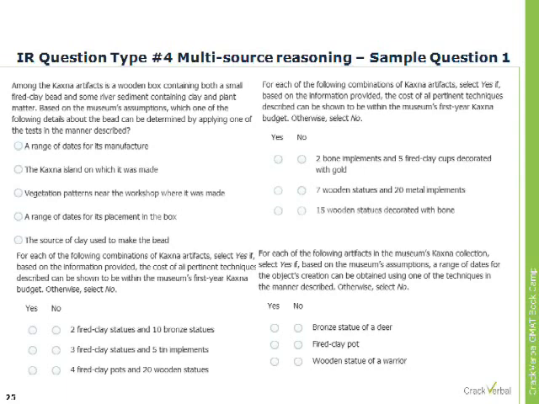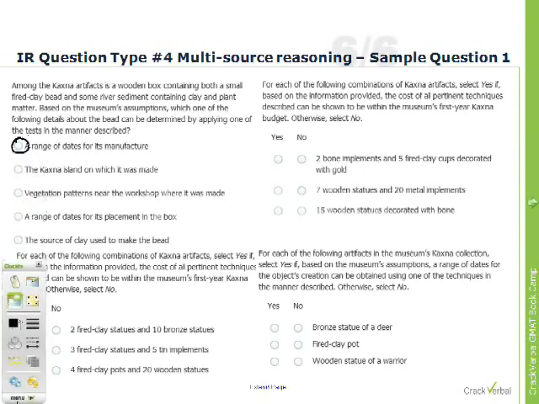Or the source for the clay of the bead also cannot be determined. The only thing that can be determined is the range of dates for its manufacture. So the answer is A. Convinced? Any doubts? So the answer is A.